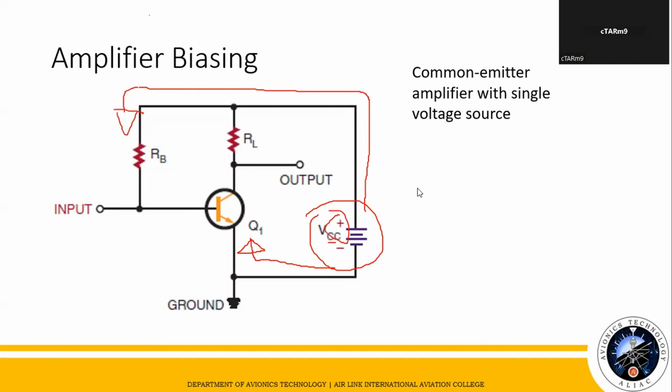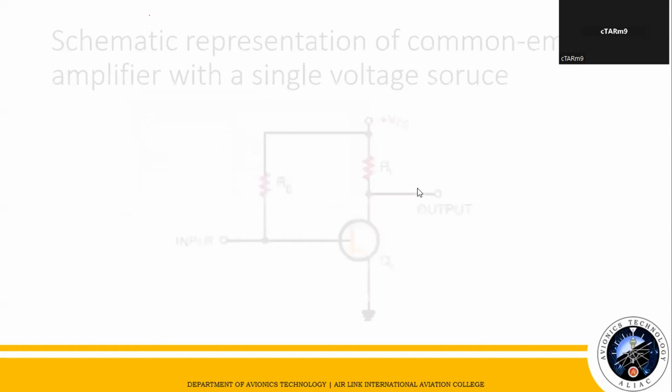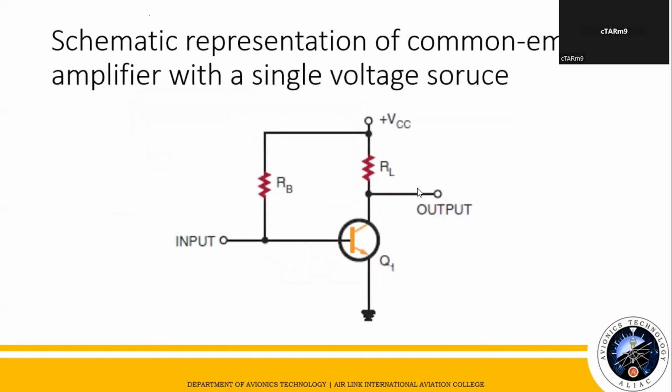Let's repeat: forward bias is positive, and reverse is negative. The circuit is schematically diagrammed. The voltage source is identified as plus VCC. The ground symbol is the negative side of the voltage source.